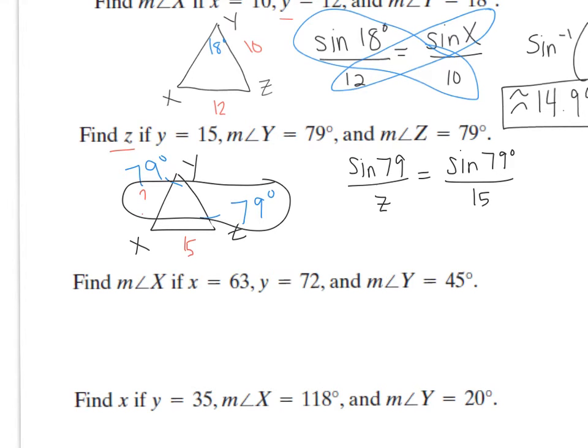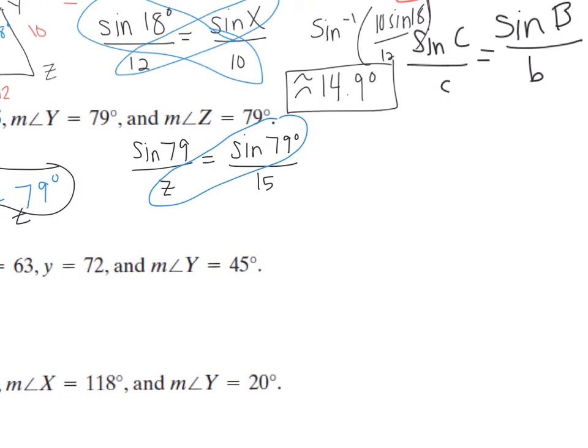So to solve for z, I'm going to cross multiply. So I multiply these two, and I get z sine of 79 equals 15 sine of 79.